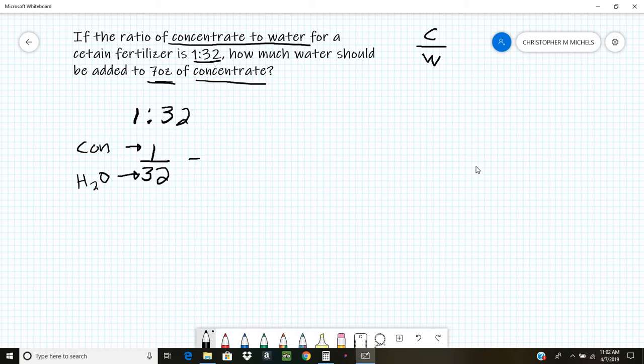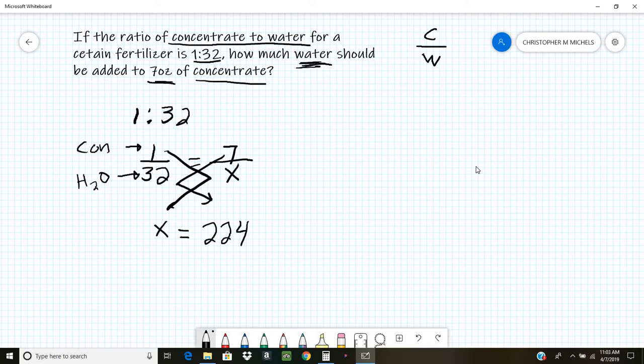Now if we go to the other side of the ratio, the other piece of information they gave us was 7 ounces of concentrate. So the 7 has got to go on the top because it's concentrate, and the unknown is water. They asked us right here how much water should be added. So now we do the same thing. Cross multiply. 1 times x is just x, and then we do 7 times 32. That'll give me 224.